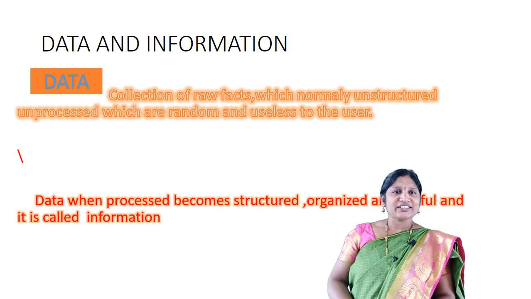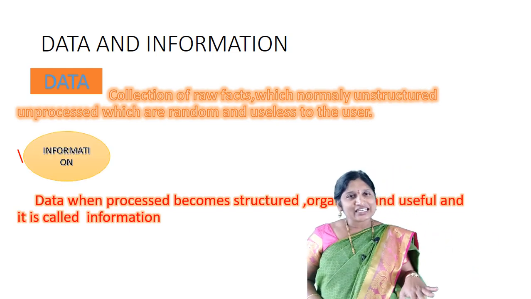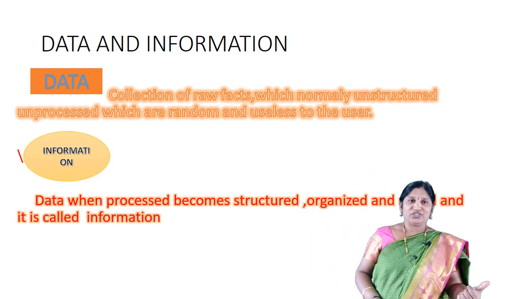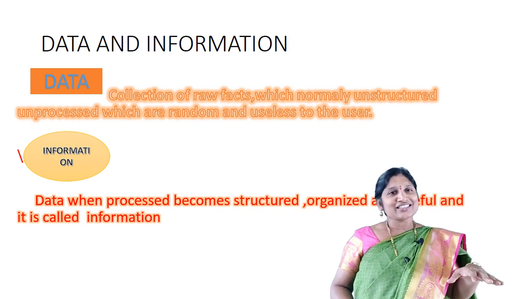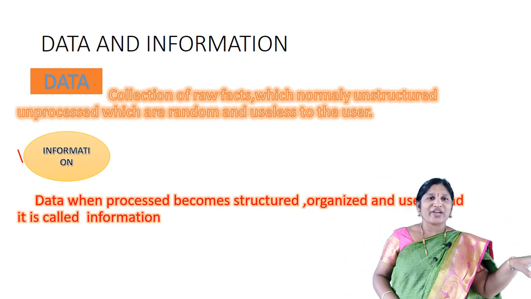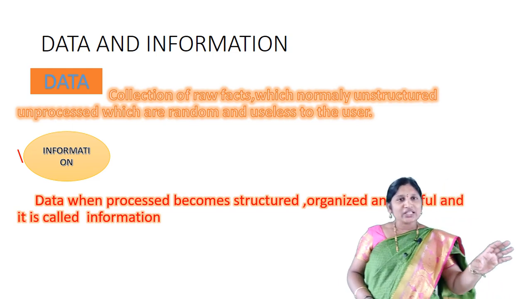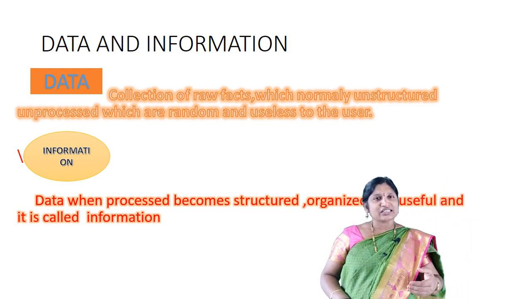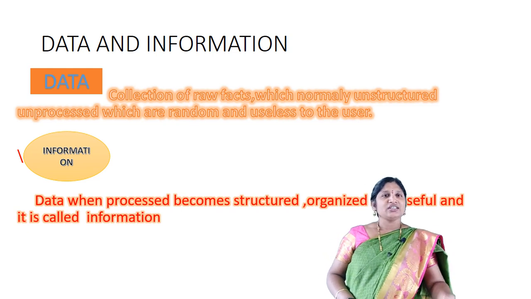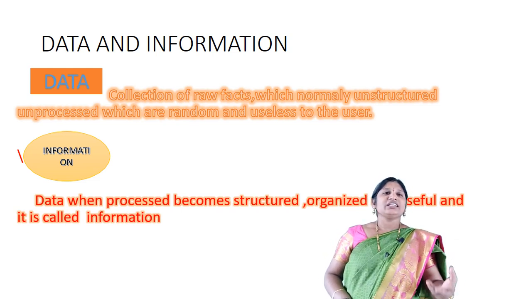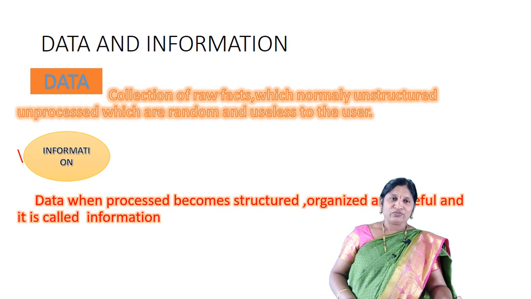When this data gets processed, the data can be converted into information. So, data is unprocessed raw facts which are unstructured, unorganized, while when this data is converted, that is structured, that is organized, then it can be called information.